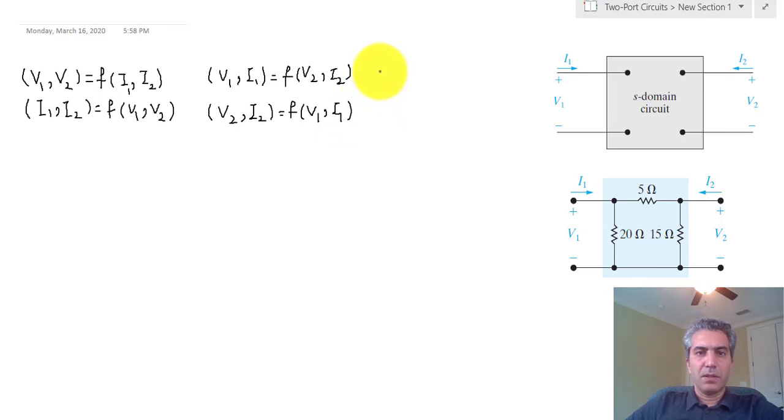And finally, you can write V1 and I2 as a function of I1 and V2, or V2 and I1 as a function of V1 and I2.